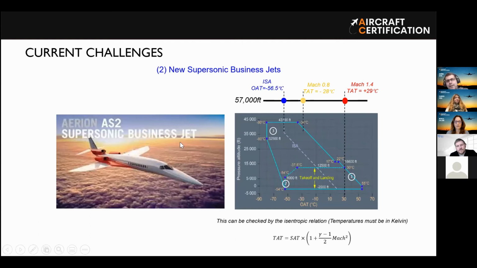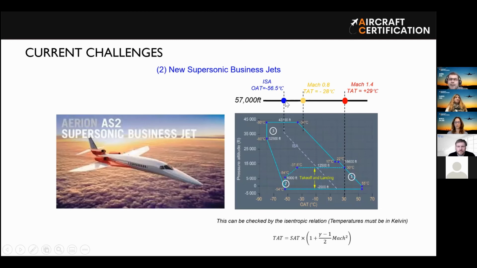These aircraft want to fly at 57,000 feet and at Mach 1.4. If you remember what we did before, at 57,000 feet, in the standard atmosphere the external temperature is minus 56.5, so no problem, it's very cold.